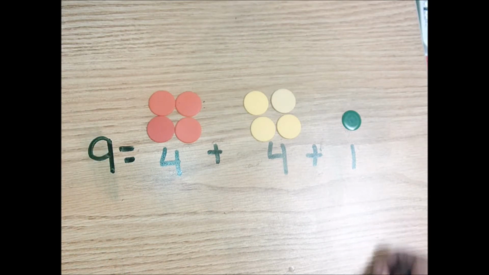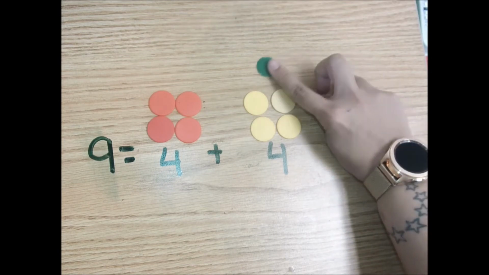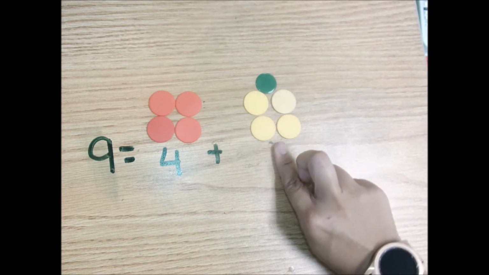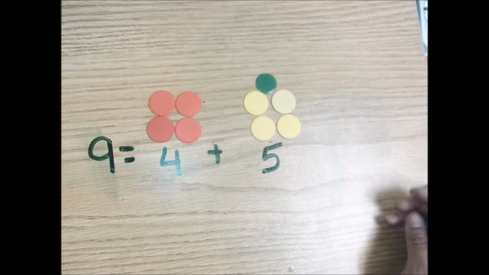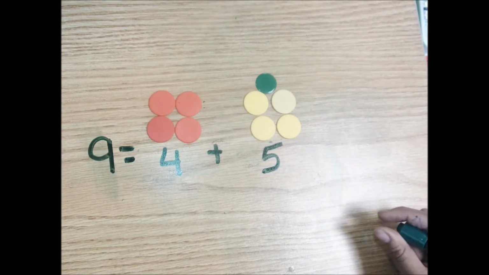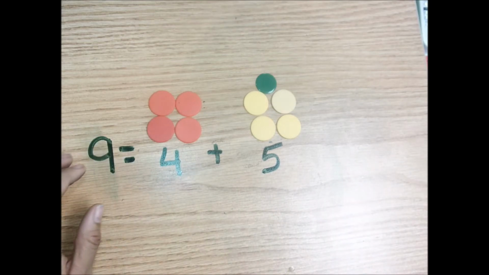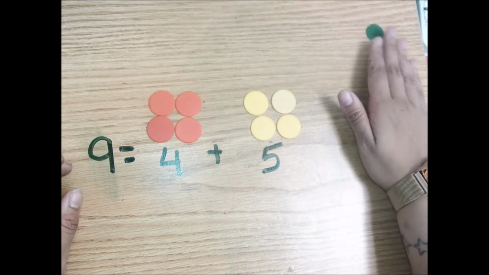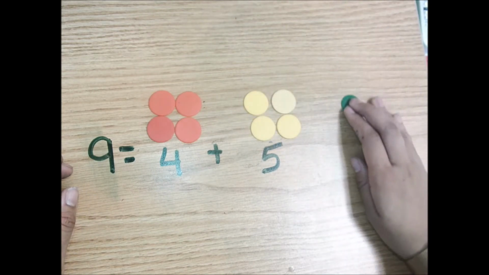9. How oftentimes do I see a number sentence with 3 parts though? I don't. So what we will see is actually 9 is equal to 4 plus 5. So yes, using our doubles to figure out our doubles plus one more.